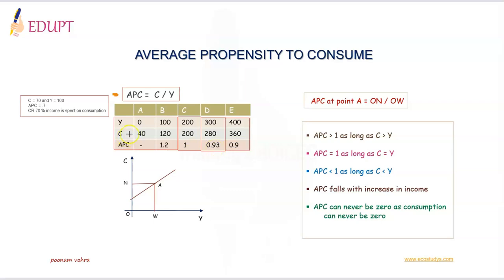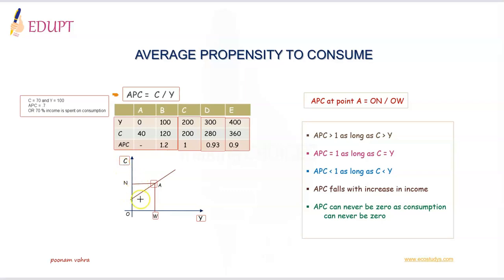One can find APC diagrammatically also using the same diagram. This is a consumption function, and suppose we take any point on the curve. Here let's take point A. Corresponding to point A is point N on consumption and point W on income.